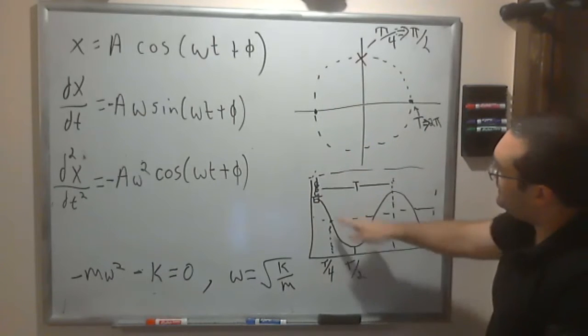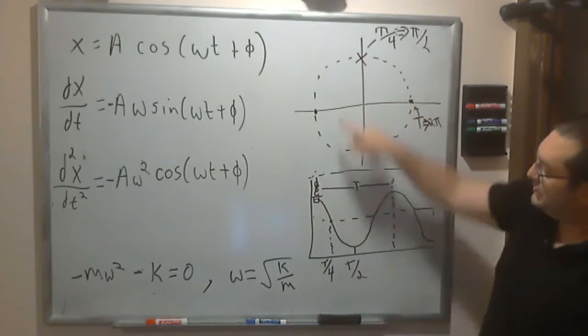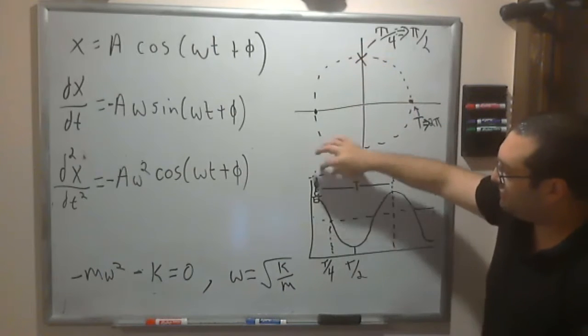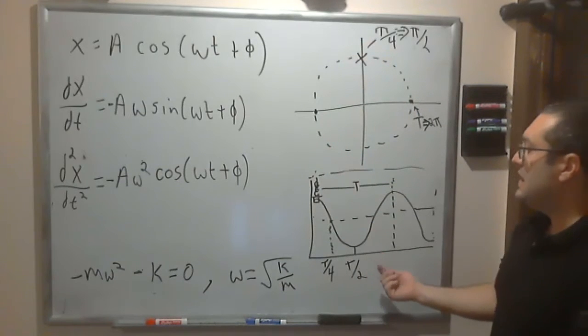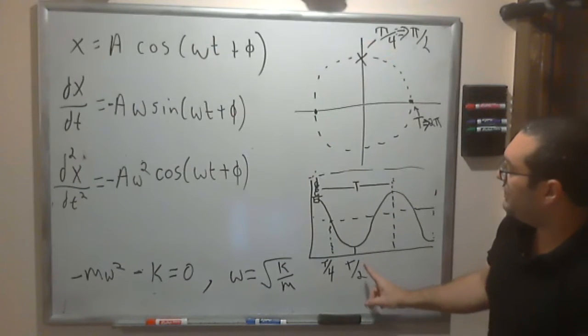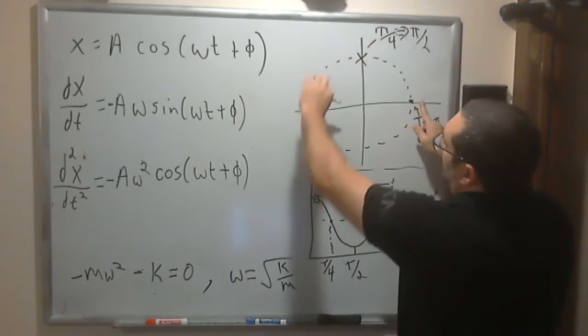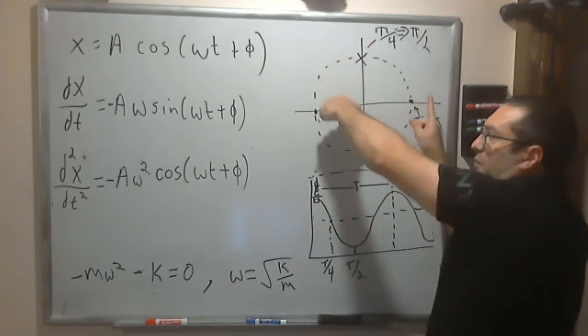And if you look at it, we're on the opposite side. Instead of being above the equilibrium position, we're now below it. And at this point, we start moving in the opposite direction. If you look, we go around the circle like this. At this point, we're moving downward.